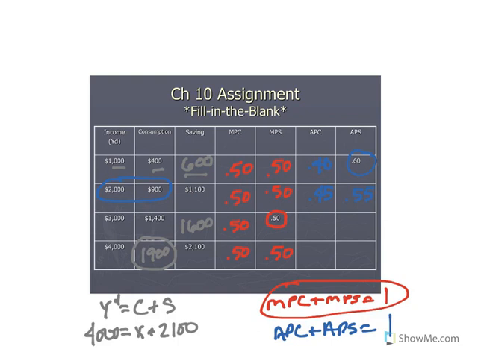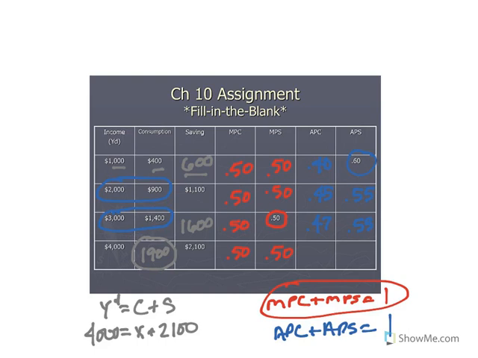Then I look and see what is my average propensity to consume when disposable income is 3,000. So now I'm looking at this data. So I would do 1,400 divided by 3,000, and I'd come up with approximately 0.47. And so again, I would do 1 minus 0.47 to get my APS, which is 0.53.